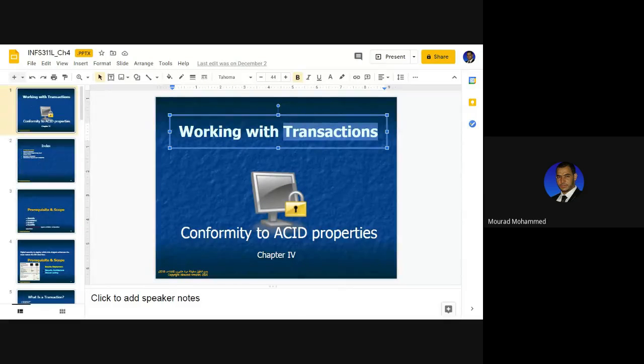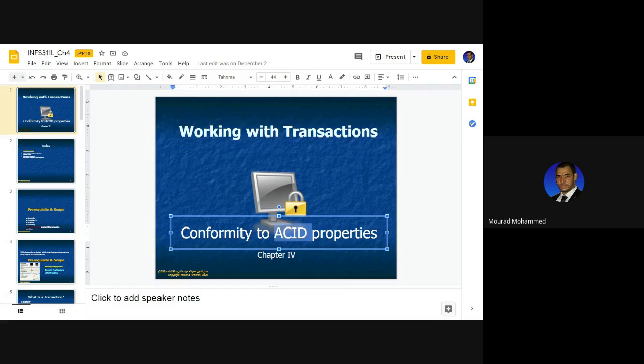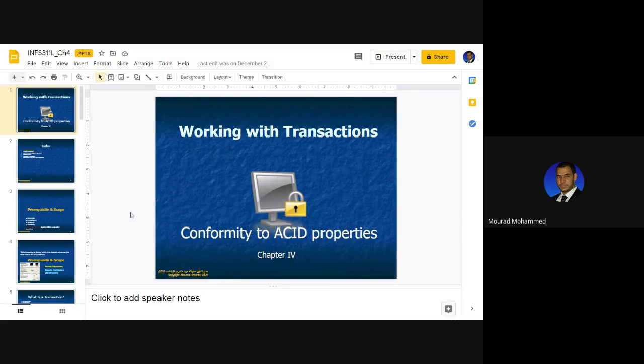The very famous ACID: atomicity, consistency, isolation, and durability, the four famous properties. More than that, we saw the transaction modes, and we saw the isolation levels through this unit only. Properties, transaction modes, and isolation levels. Those are the outcomes of unit number 4.